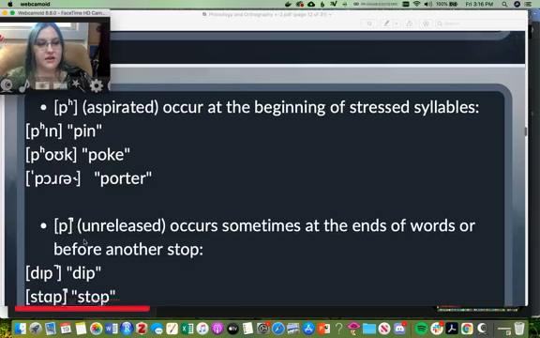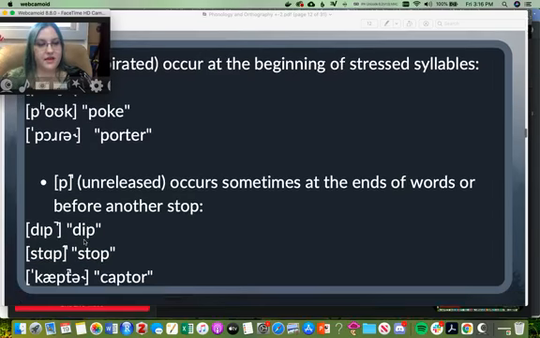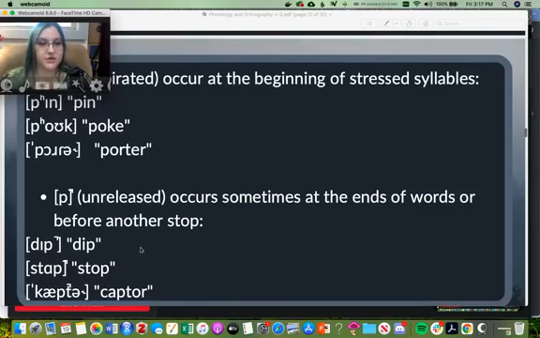Unreleased P, that is a P that does not have the stop release into an open mouth shape, tends to occur sometimes at the end of a word or before another stop. So if you say dip or stop, then that would be considered an unreleased P. So these are mutually exclusive environments, right?